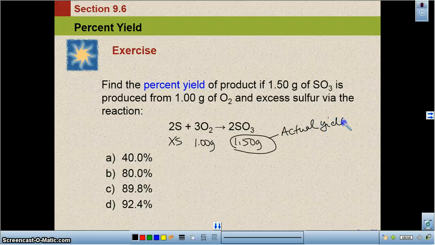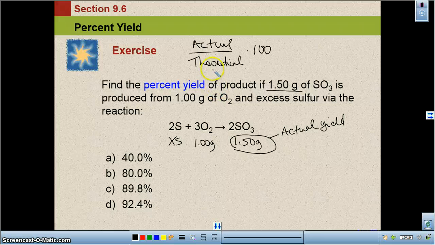So let's do our equation: actual divided by theoretical times 100. This actual yield is right here. So we have to calculate the theoretical yield, which is something we've all done all along. Let's remember that it's grams to moles, mole to mole ratio, and moles back to grams again.